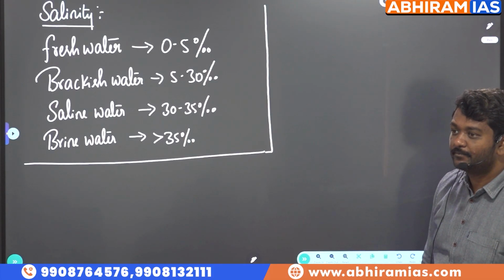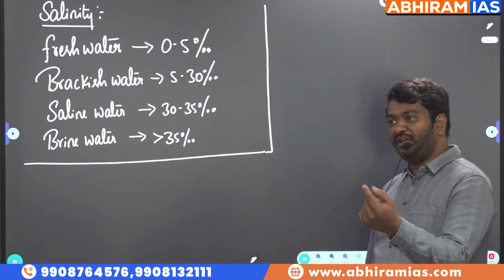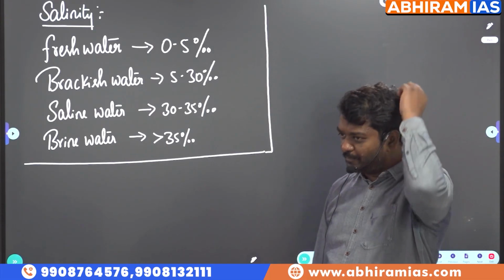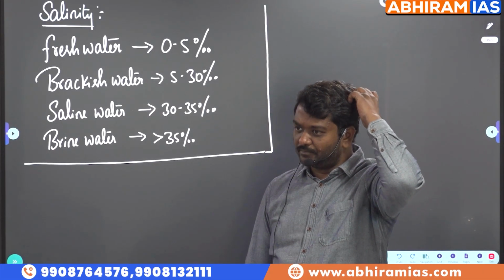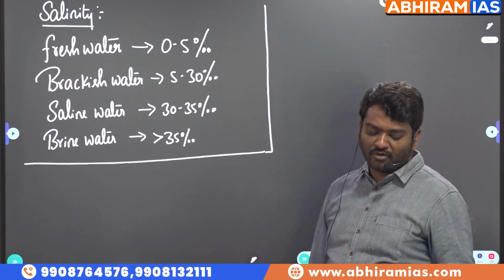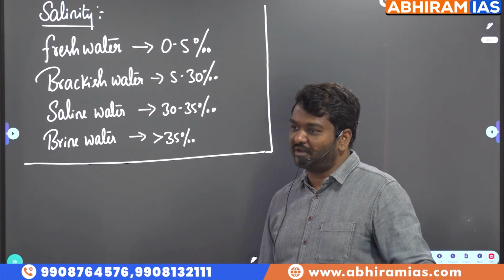Which one? In oceans, yes. Pacific Ocean is convergent boundary. In Pacific Ocean, you have only East Pacific Rise, which is a divergent boundary.